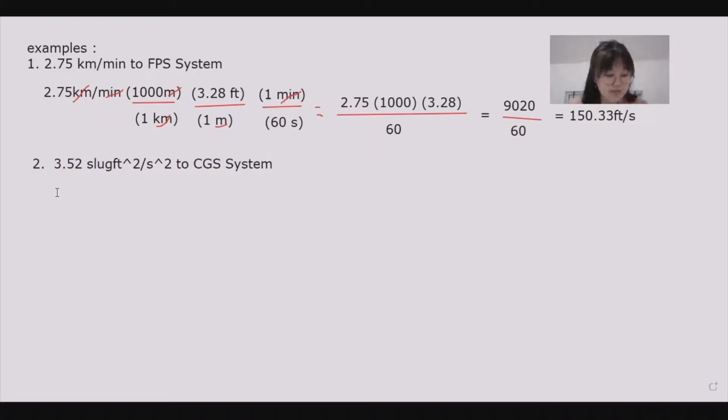So the first step, we need to change slug to kilogram. So it will be times 1 slug is 14.59 kilogram.